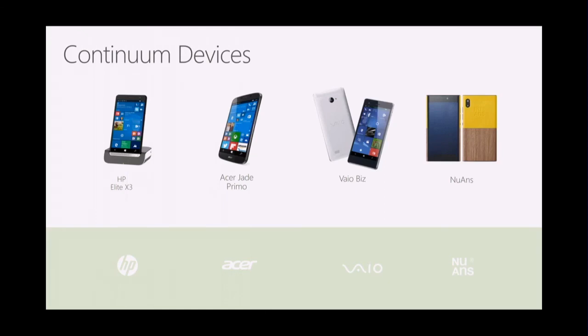And then the final thing I'll say on hardware is I talked about that Continuum capability where Windows Phone could also be a PC for a certain category of users. That was also on show quite a bit at Mobile World Congress. These are all devices that were either announced at the show or just before, and that were being shown. Probably the HP Elite X3 was the most interesting.